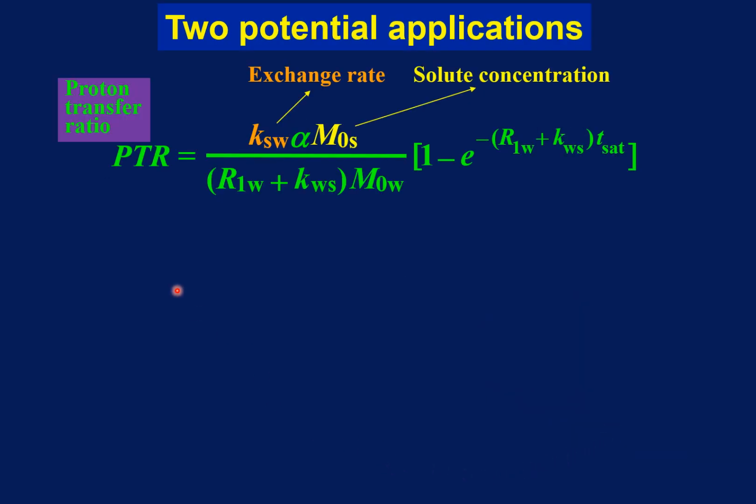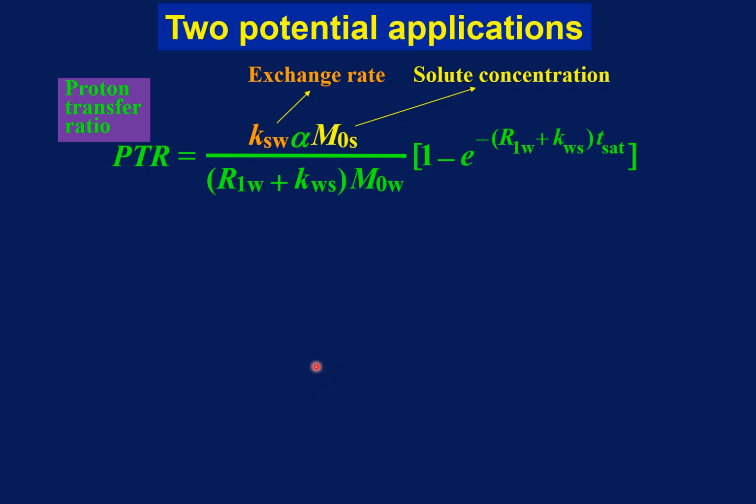According to the theory, the proton transfer ratio, PTR, depends on the exchange rate times the concentration. So for APT, this is the APTR, and this is the amide proton concentration.